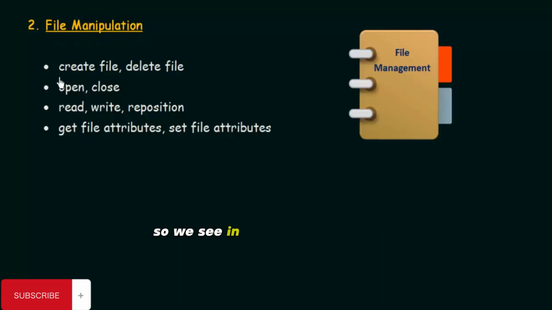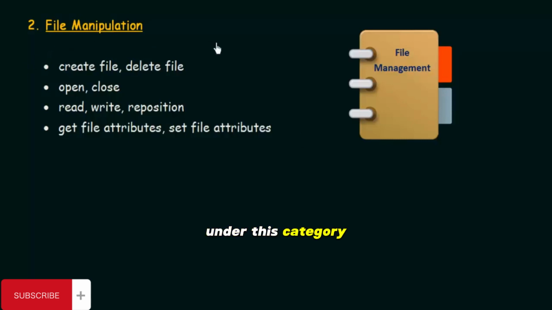In the previous example, we were creating the output file, so we use create file, and then we open the input file, for which we use open. Then we were reading the data from the input file, for which we can use read. And then we were writing the data to the output file, so we can use write. And after everything was done, we closed the files, so for that we can use close. So these are examples of system calls that are used for file management or file manipulation.